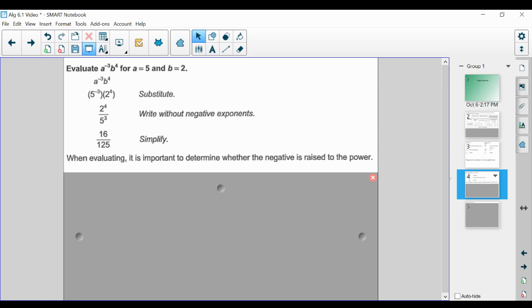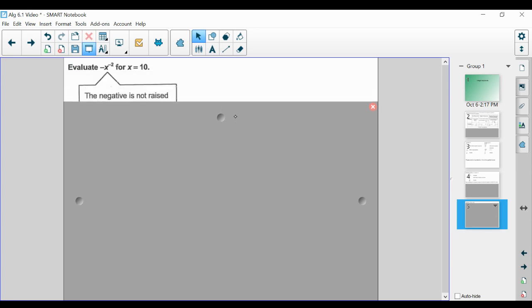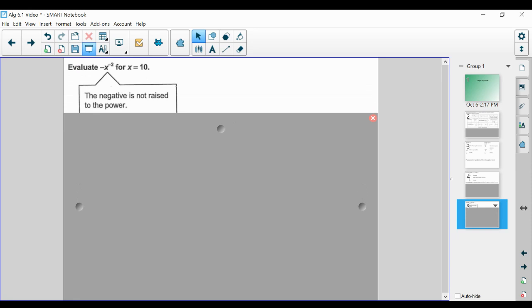And when evaluating, it is important to determine whether the negative is raised to the power. So with this, let's go through a couple more examples. Let's say we want to evaluate negative x to the negative 2nd for x being equal to 10. What you're going to notice is the negative is not raised to the power.